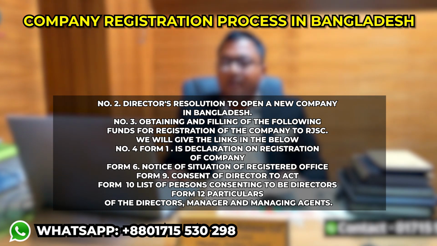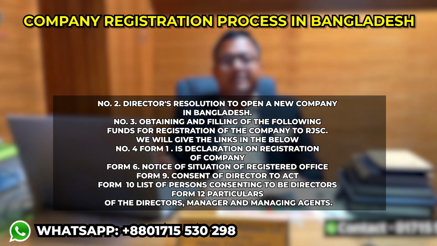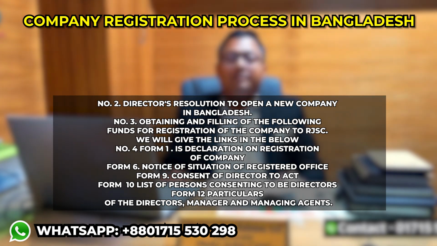Number 4, Form 1. Form 1 is the declaration on registration of company. Form 6, notice of situation of registered office. Form 9, consent of director to act. Form number 10, list of persons consenting to be directors.